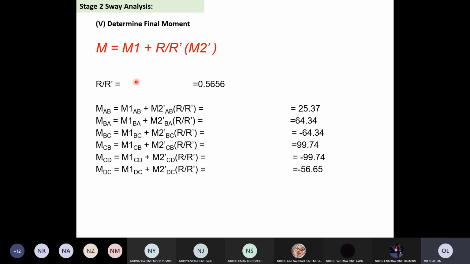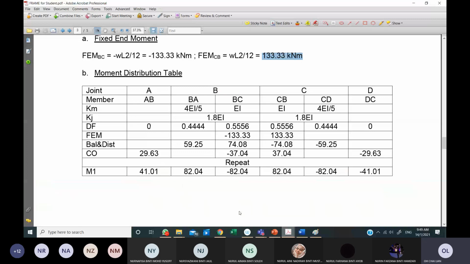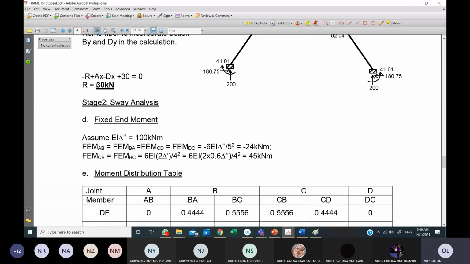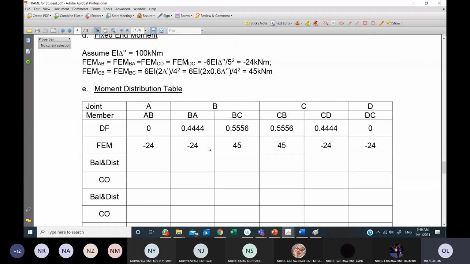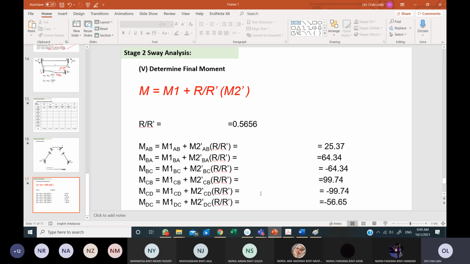So let us quickly try this. R divided by R prime. R is 30 kilonewton, R prime is 53.